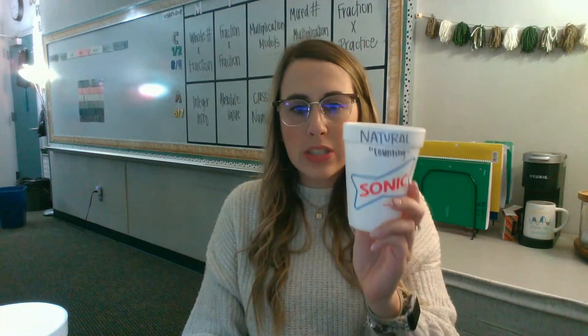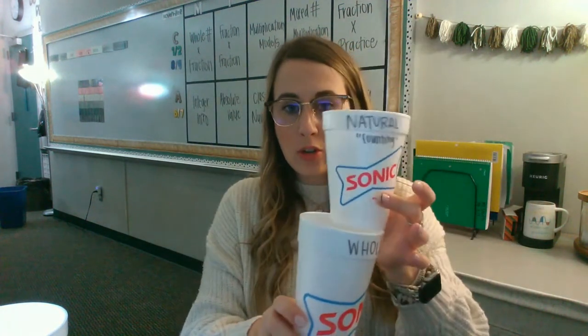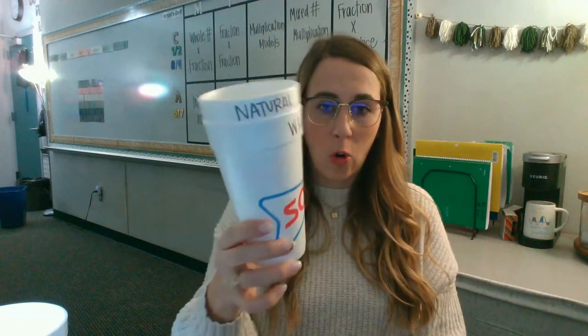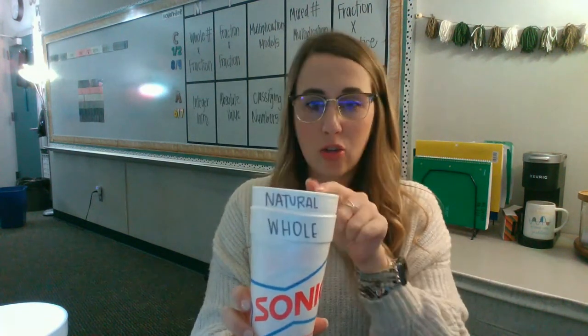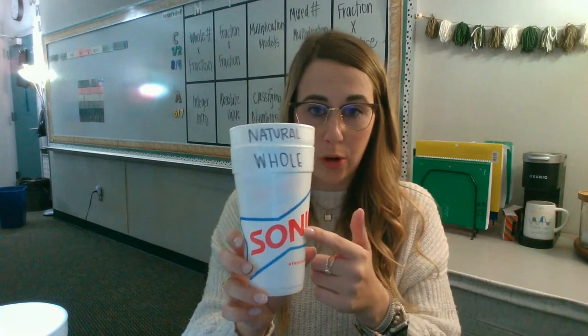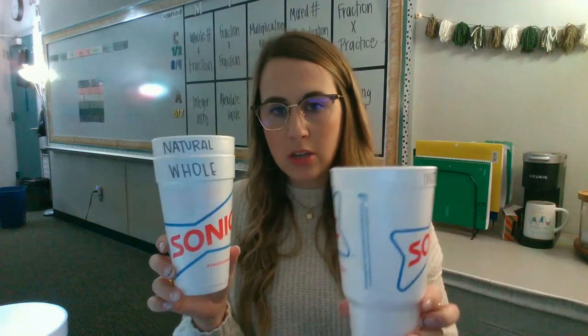So how I like to think about this is, remember, we always want to start with the most exclusive, the smallest type of number, which is our natural number. And the next inclusive size would be our whole numbers. So natural numbers fit inside of our whole number cup, which means that every natural number is also a whole number. The next thing would be our integers.